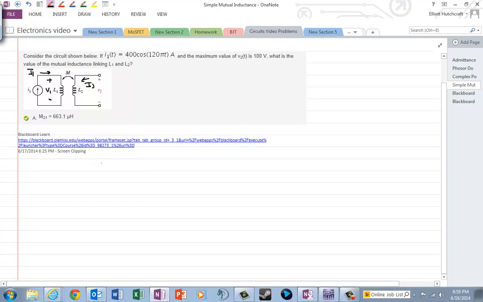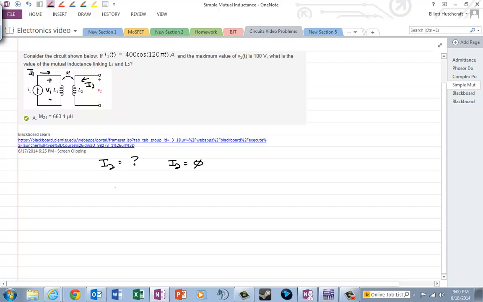So one of the things we should say first, and this is why the dots are not important, is what is I2? Well, for sure we know I2 is 0, right? It's sitting there with an open circuit on this side over here, so there's no way for any current to flow.